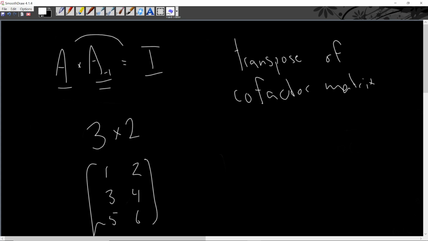It's kind of hard to say, but let's go back to our definition of the main diagonal when i equals j, so this is a11 and this is a22. Let this be our main diagonal, and we simply flip these, and if this was a larger matrix, we would have to flip this and this. This is a 3 by 2, so the transpose would be a 2 by 3.